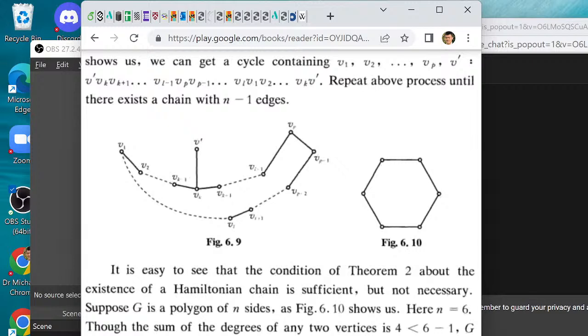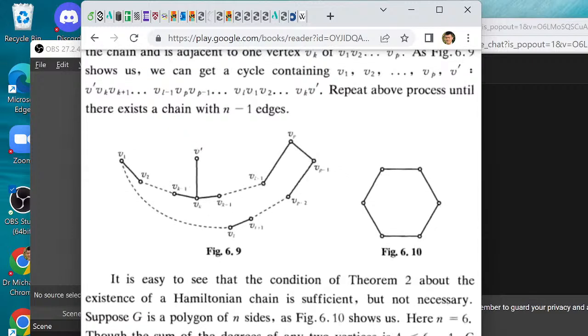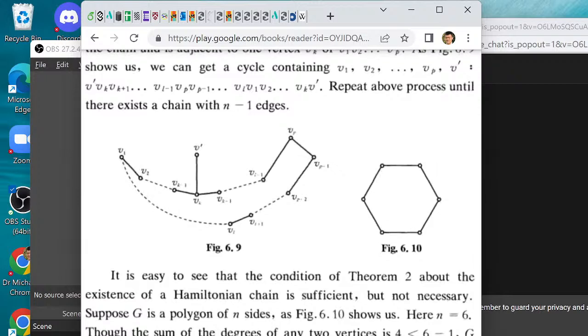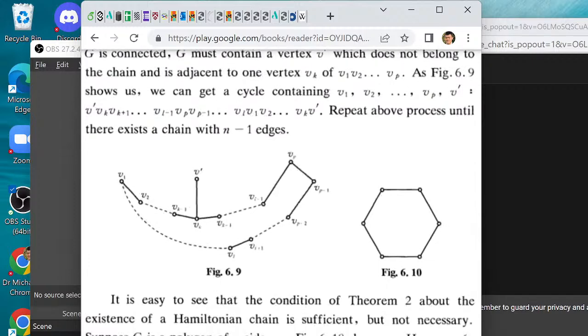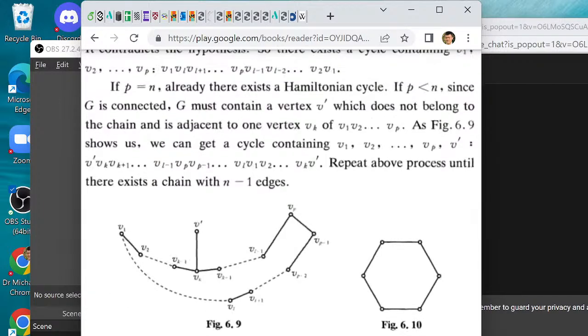Though the sum of the degrees of any two vertices is 4, which is less than 5, which is n minus 1 here, G does contain a Hamiltonian cycle. So that's sufficient but not necessary, but the sufficiency proof is dubious.